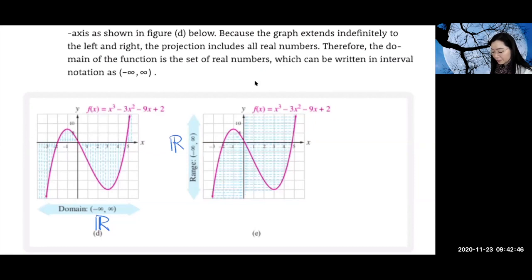Now you see that every number on this y-axis is a possible y coordinate for some point on the graph, right? So every point on this y-axis gets projected. So the range over here will be from negative infinity to infinity. So that's also all real numbers. So that's the range.